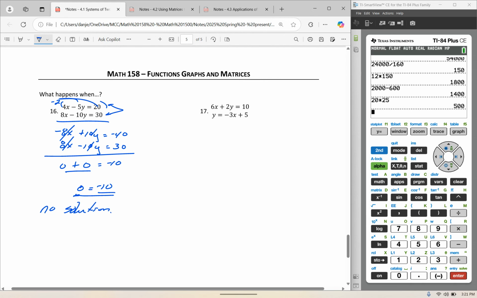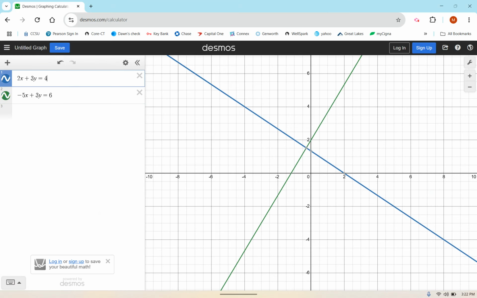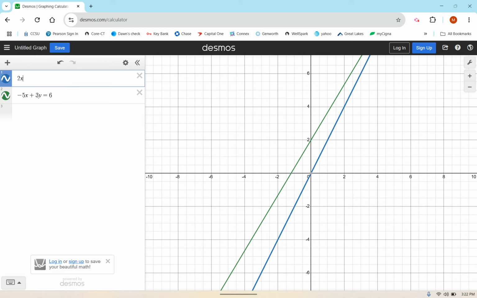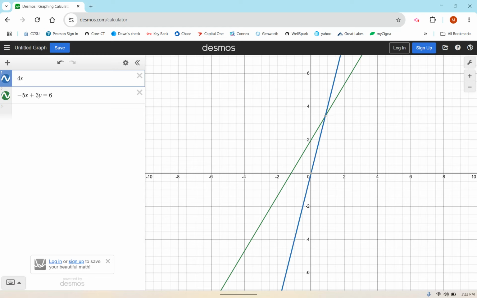However, what is it that the solution to a system represents? The solution to the system represents the point of intersection. If there's no solution, that's because the lines are parallel to each other. I'm going to go back to Desmos, if I can remember these equations. The first equation is 4x minus 5y equals 20.